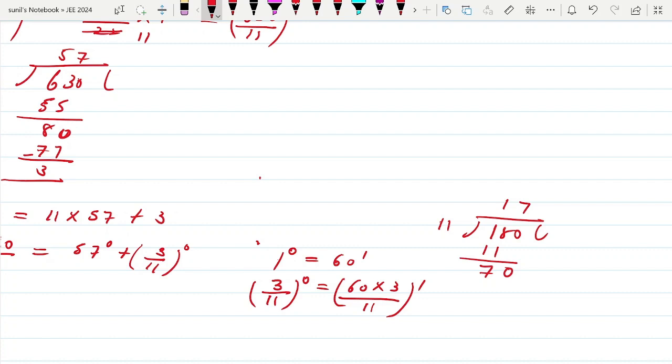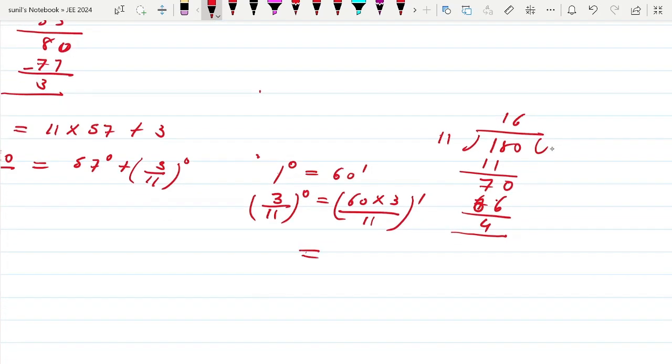Then we have 77. Oh sorry, it will go on 6, 66. So the remainder is 4. We can write 180 equals 11 into 16 plus 4. So 180 by 11 is equal to 16 plus 4 by 11. This is in minutes.